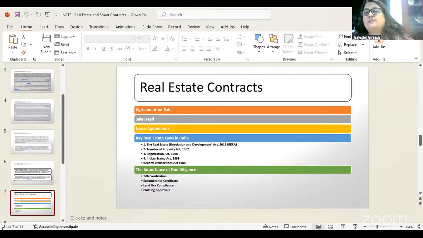Now, lease agreements. When you are not an owner of the property, you will probably have entered into a lease agreement or a rent agreement. Usually lease agreements are for commercial projects or industrial projects, where the government gives industrial land on lease.